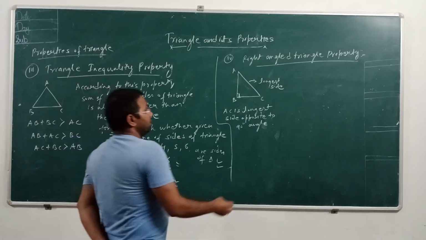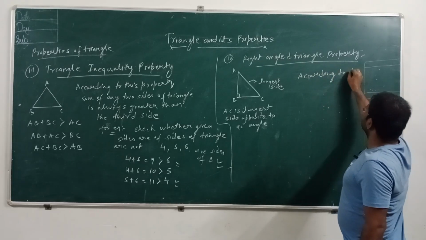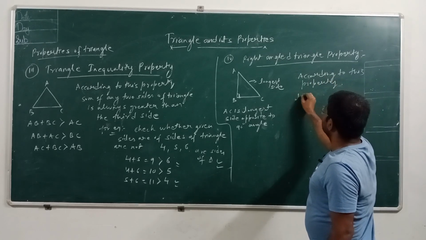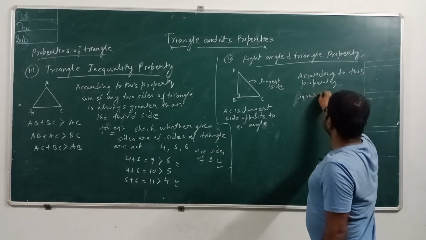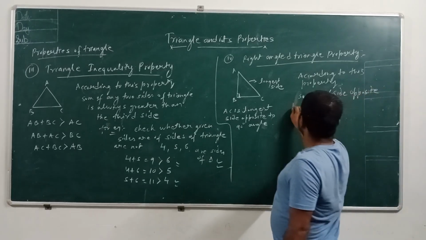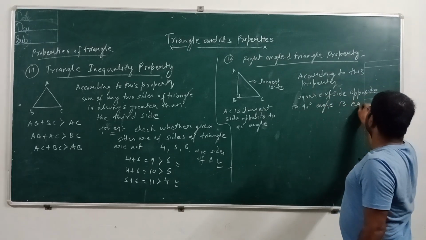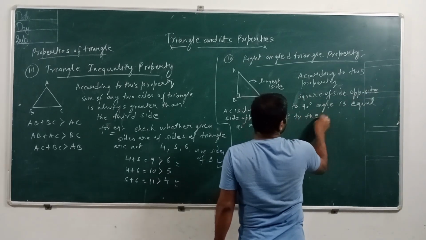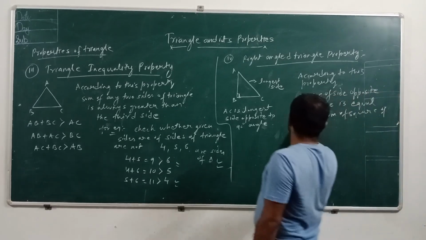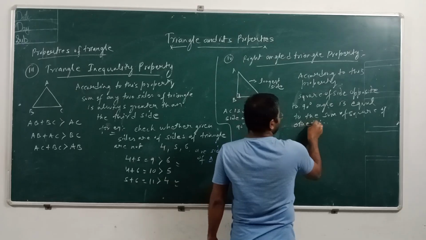Okay. Now, according to this property, the square of the side opposite to the 90 degree angle is equal to the sum of the squares of the other two sides.